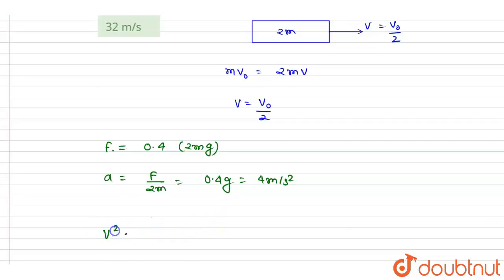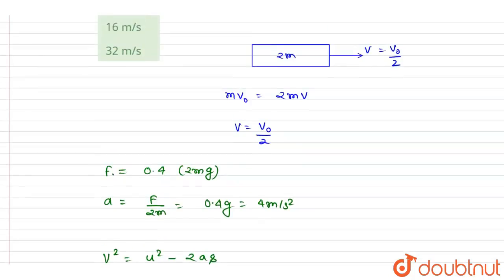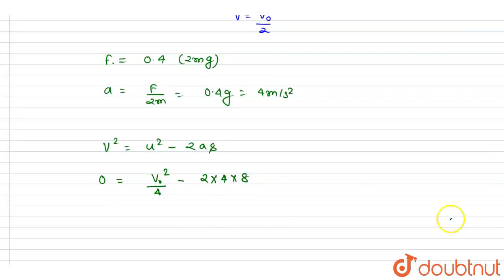So we'll just apply the third equation of motion. After traveling 8 meters, it stops. The initial velocity was v0 by 2, so I will put here (v0 by 2) whole square into 2a into s.